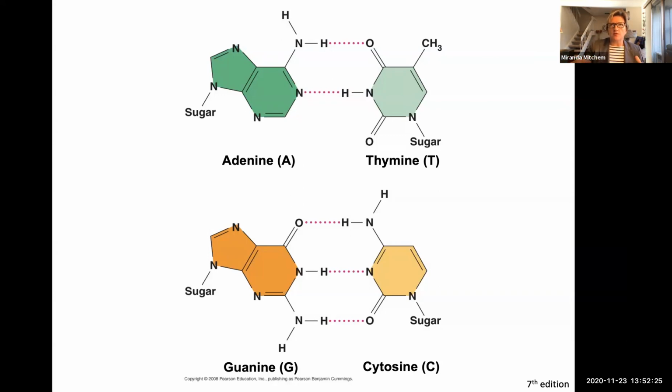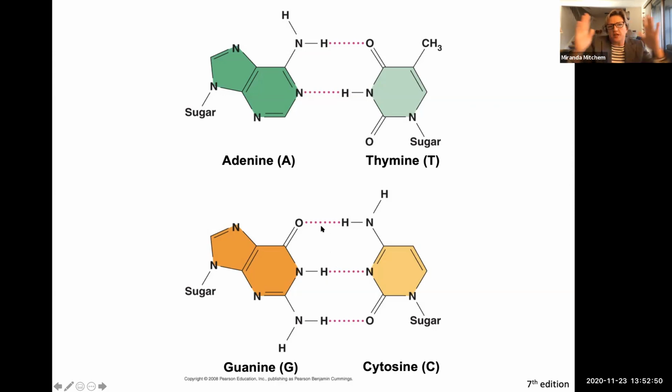So let's also take a moment to think about what a hydrogen bond means in this context. Going back to the chemistry we learned earlier in the semester, hydrogen bonds are weak. They're the weakest type of chemical bond in biology. And that's necessary in order for DNA to replicate.